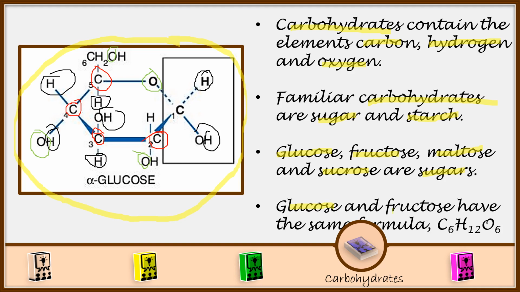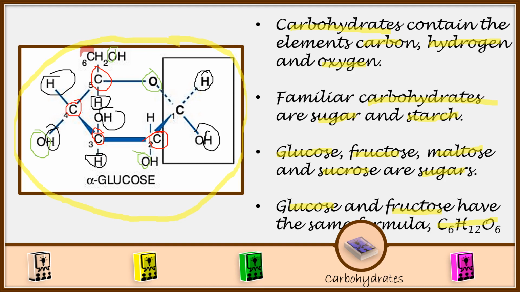Glucose and fructose have the same formula, which is C6H12O6. They have 6 carbon atoms, 12 hydrogen, and 6 oxygen. So when you look here, let us try to see the carbons.